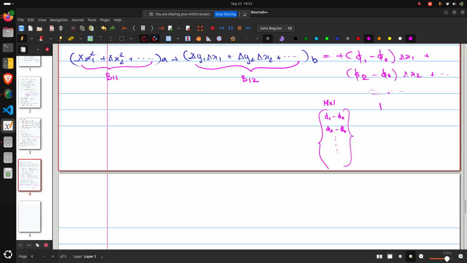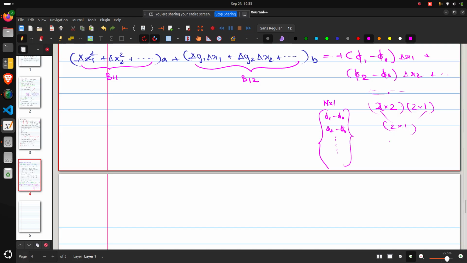We are multiplying a 2 cross 2 with a 2 cross 1, so what do we get? We get a 2 cross 1 vector on the right hand side. But this one is M cross 1, right. So what do we need?